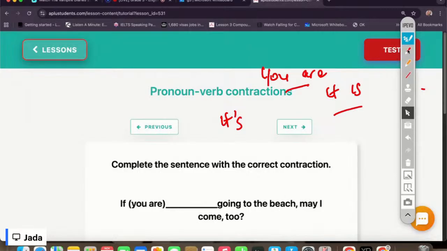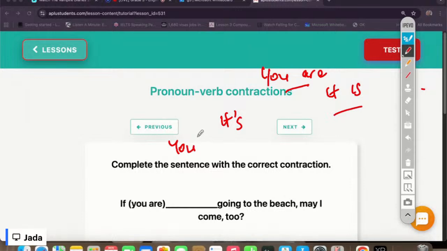Okay, so we have you are, with apostrophe and then re. So good job, everybody. That's perfect. Okay, good job. So let's look at this.